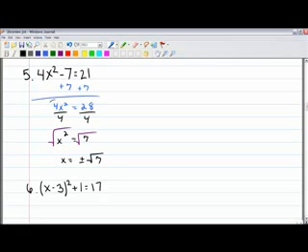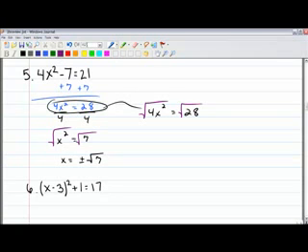I want to show you something interesting here. If you would have taken the square root of both sides, on the right hand side you would have had the square root of 28. On the left hand side, what multiplied by itself is 4x squared?